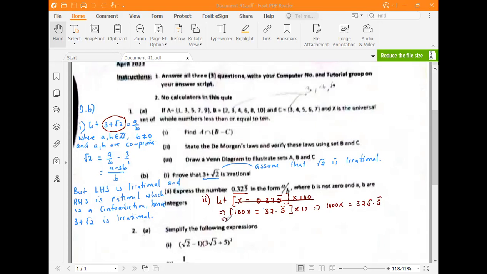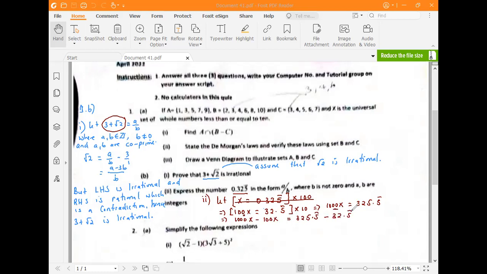So now it will be 1000x minus 100x is equal to 325.5 bar minus 32.5 bar.